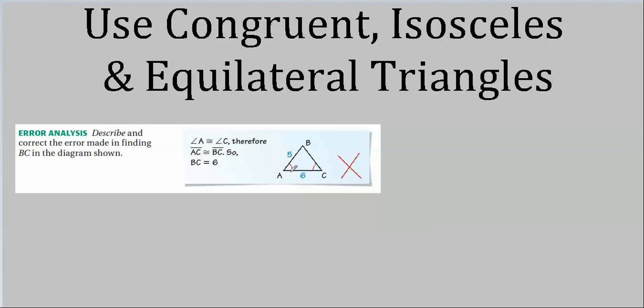That would be AB and BC. And he's got that here. He's got BC and, oh, wait a minute. That's not right. He used AC. No, it's got to be the opposite. This side's opposite this angle, this side's opposite this angle. It's AB and BC that are congruent.